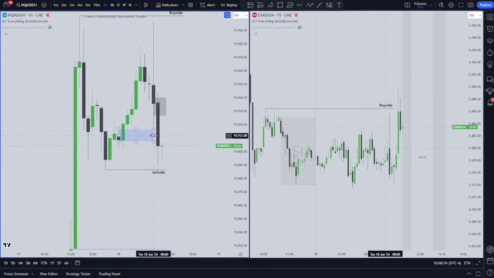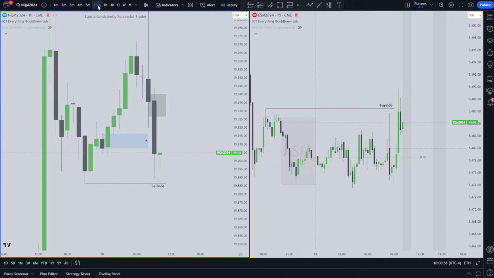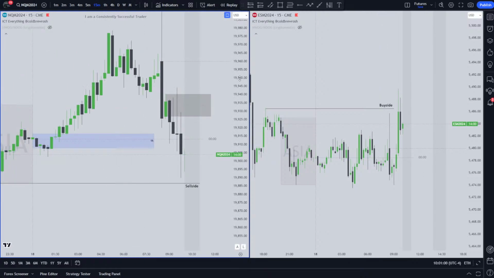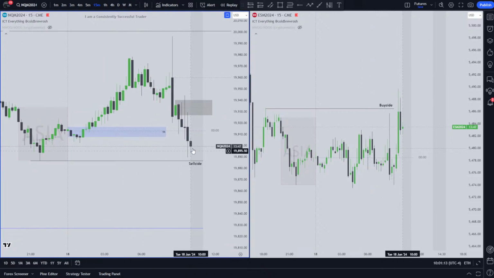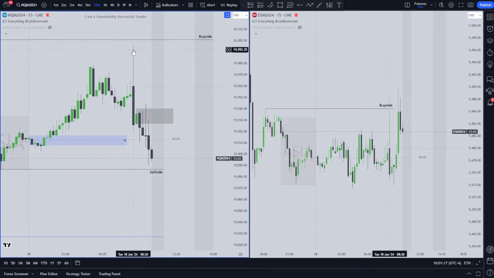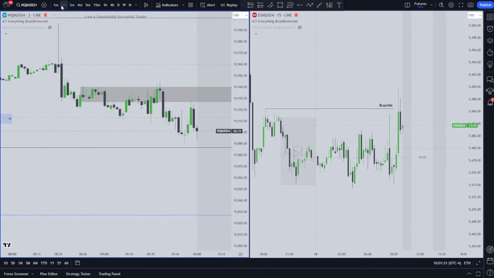Okay, so we got what we wanted. Not too bad. After making an equal high and an equal low, one of these will get swept. Considering we've got SMT at the top, and this low is closer than that high, what's the chances now that we completely reverse and take buy side without taking this low? I think that's pretty slim.